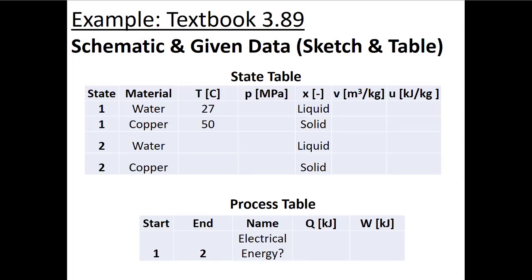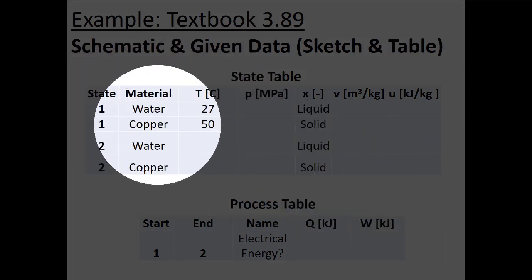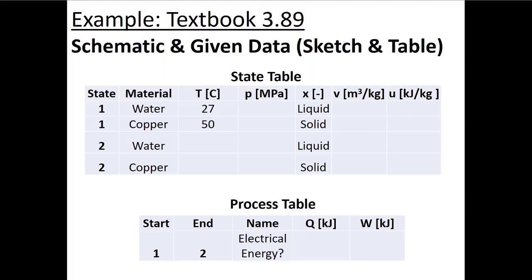One of the things that I'm going to preach is that you develop these state tables. In a state table, we talk about what different material we have at what state, and what the properties of that material are at that different state.